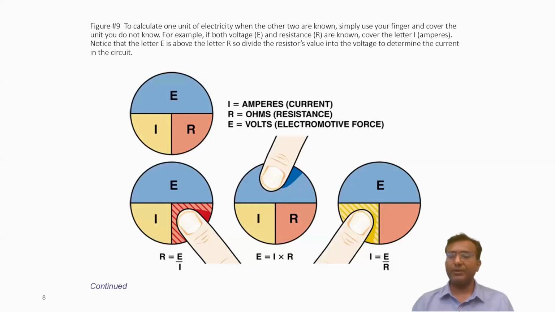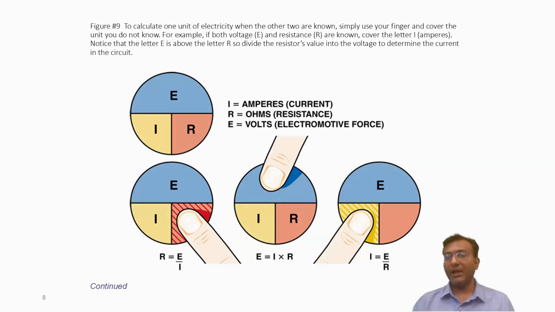Another important application of Ohm's law is in obtaining the values of unknown quantities in a circuit. We can use Ohm's law to find any one of the 3 values, that is voltage, current, or resistance.